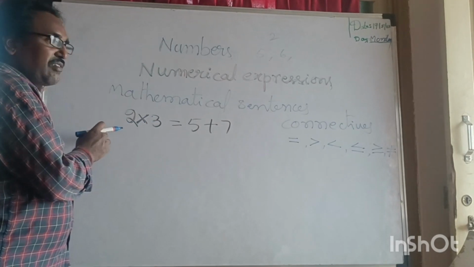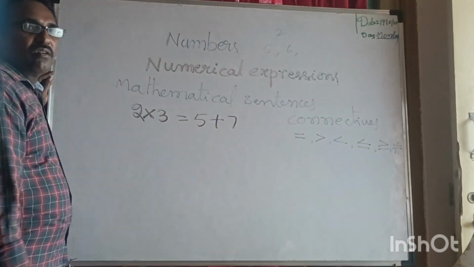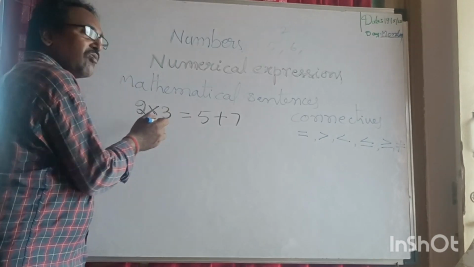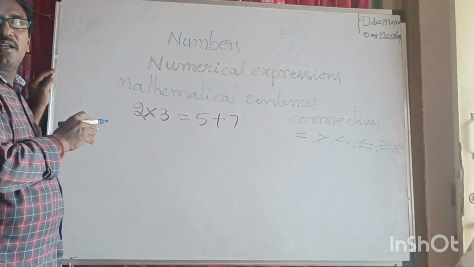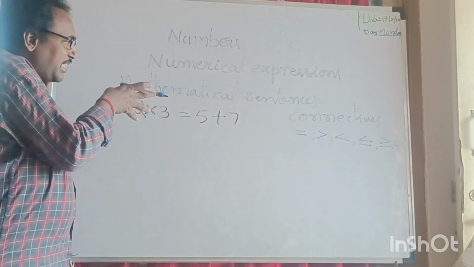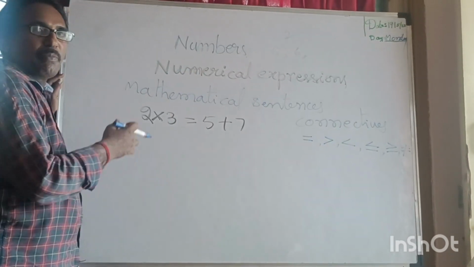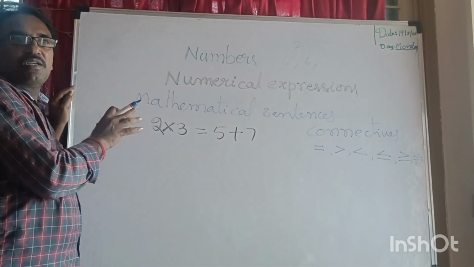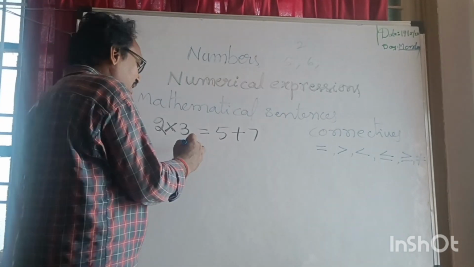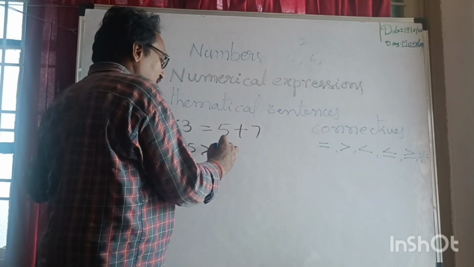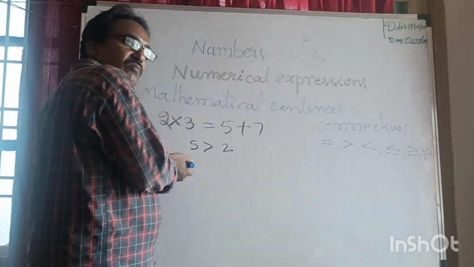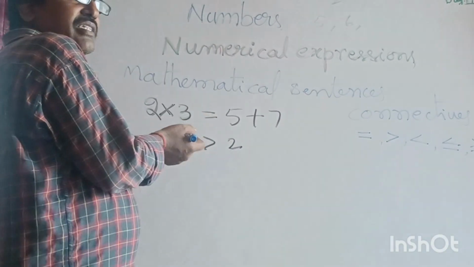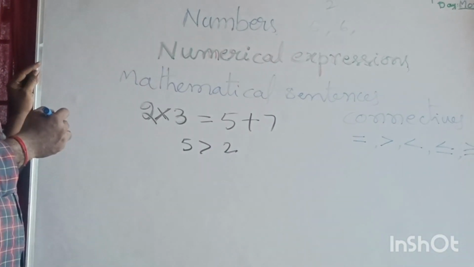What is 2 into 3 actually? 6. 5 plus 7, 12. Both sides are kept is equal, but it is not equal. Even so, this expression is called a mathematical sentence. It may be true or false. I can write 5 is greater than 2. This is also a mathematical sentence. So a mathematical sentence can be true or false.